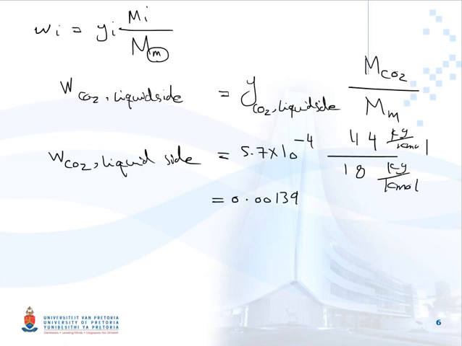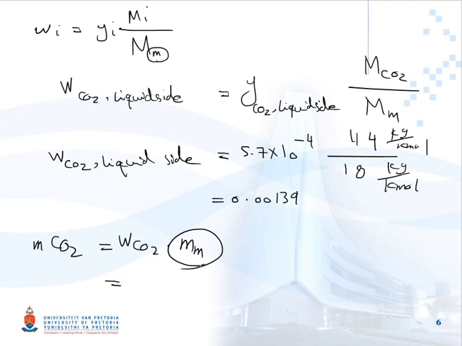Easily we can say that the mass of carbon dioxide is equal to the mass fraction times m. But how about this m? Because we considered the drink as water, so 200 milliliters of water, with a very good assumption we can say that m is equal to 200 grams.